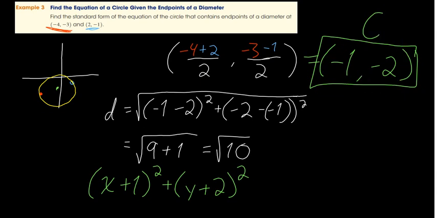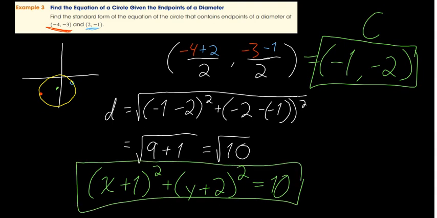And that's going to be equal to, same as the previous problem, the square root of 10. That's the radius. Remember, r squared is the formula. Well, the square root of 10 squared is simply 10. And so this is our final solution.